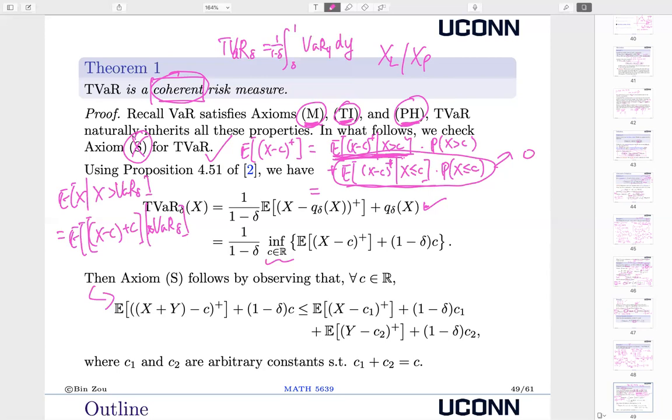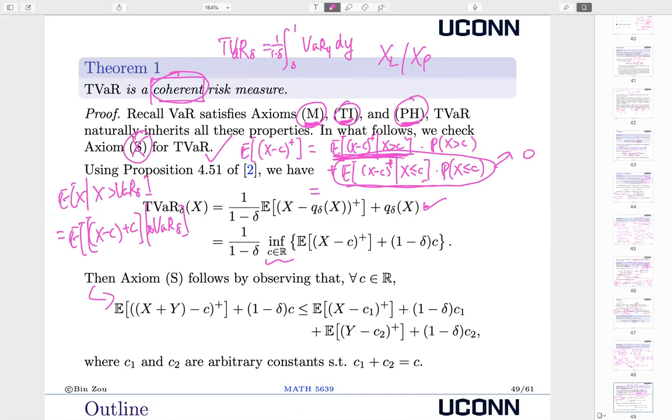Probably not, right? So you may want to use higher moments. Not only do I want to know the average on the right tail, I want to know the average plus some of the variance, right? Because variance measures the fluctuation among the tails. So there could be generalizations, but so far we are happy with TVaR because it's really nice.